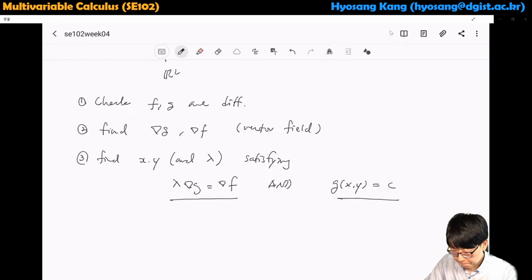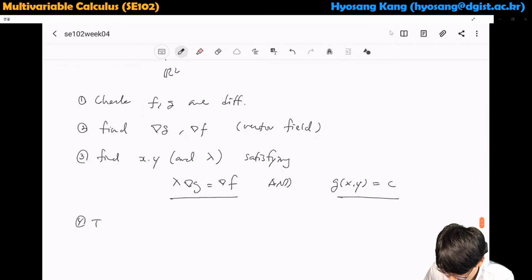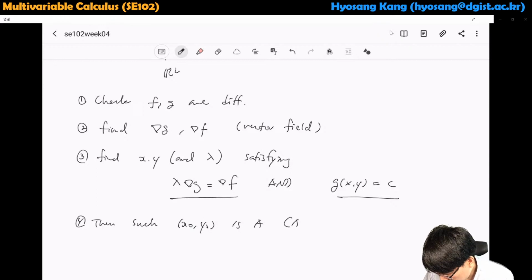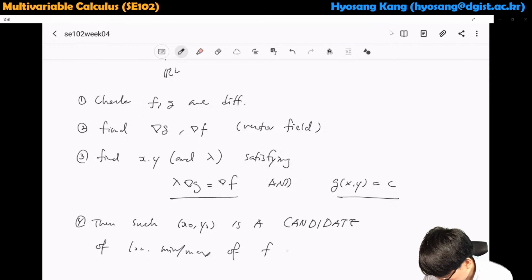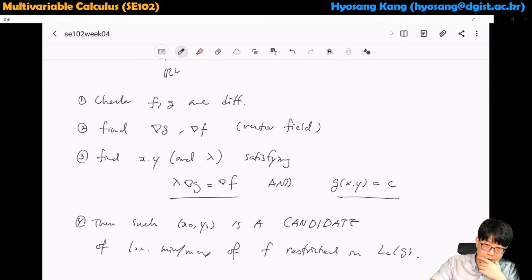So the conclusion is, if x and y satisfy this equation, then such (x0, y0) is a candidate for a local minimum or maximum of the function restricted to this level set of g. Why?